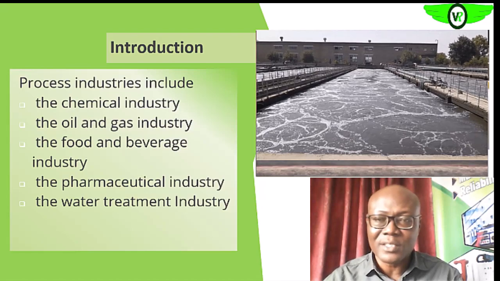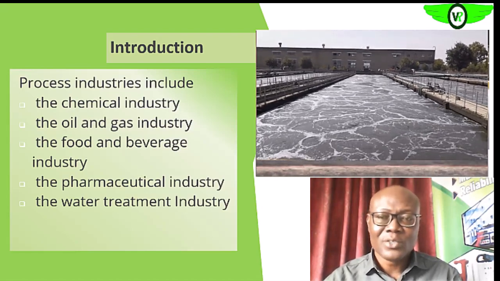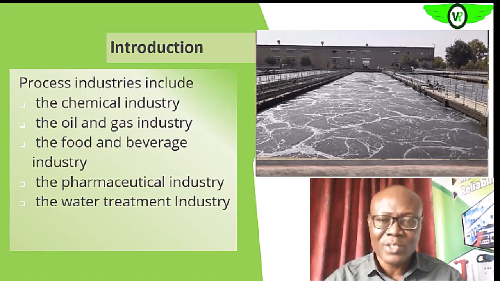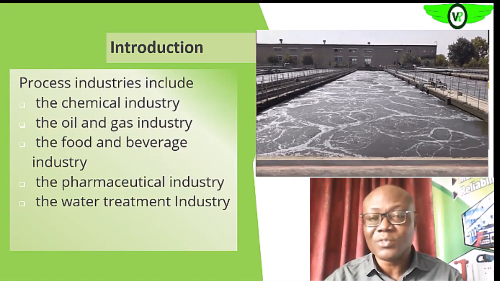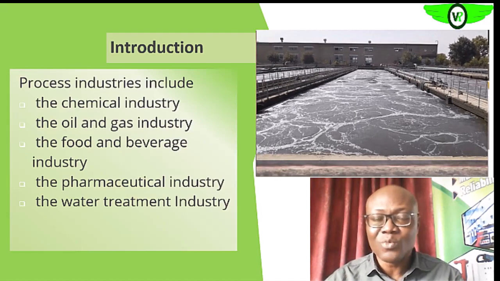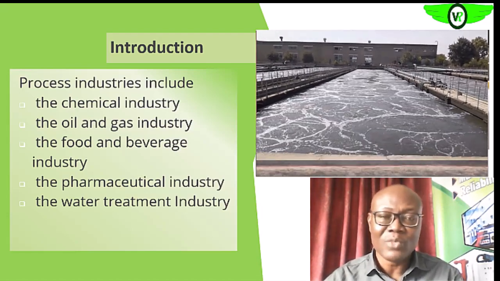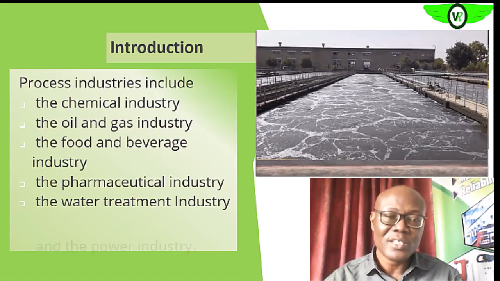So this is an example of a water treatment plant. Here the water is meant to go through a series of processes. So for us to get the desired series of steps, which is the process, and to get the desired output, we need to monitor certain variables, and we need instrument or instrumentation on the system or on the process.